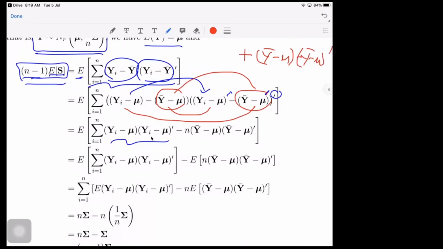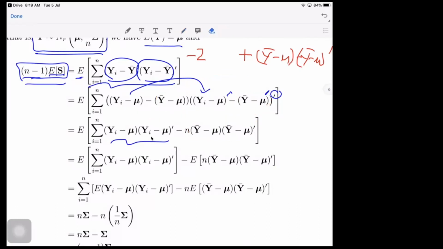And these 2 terms will have a minus 2 something, so what will remain is only one of this form. You can simplify that. So it will be minus 2 times y bar minus mu and y bar minus mu prime, then plus one of them, so that will be only 1. You can rewrite that.